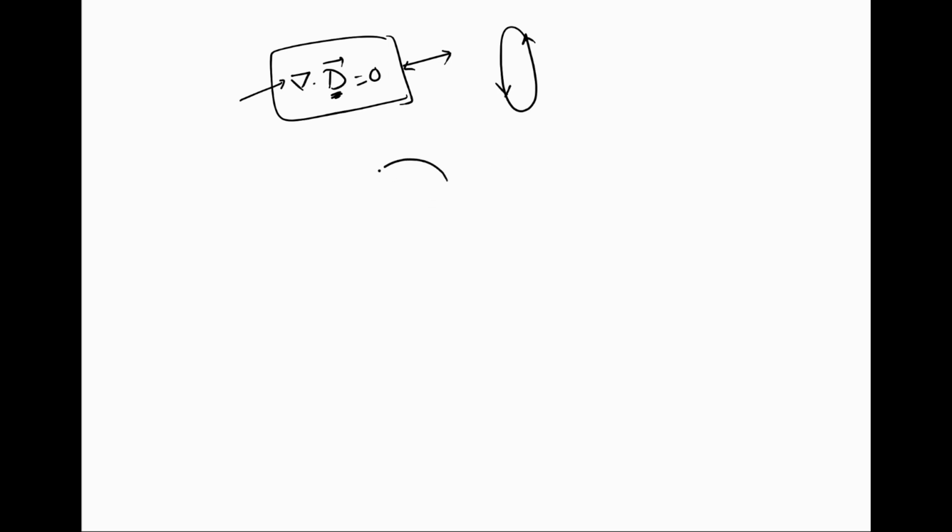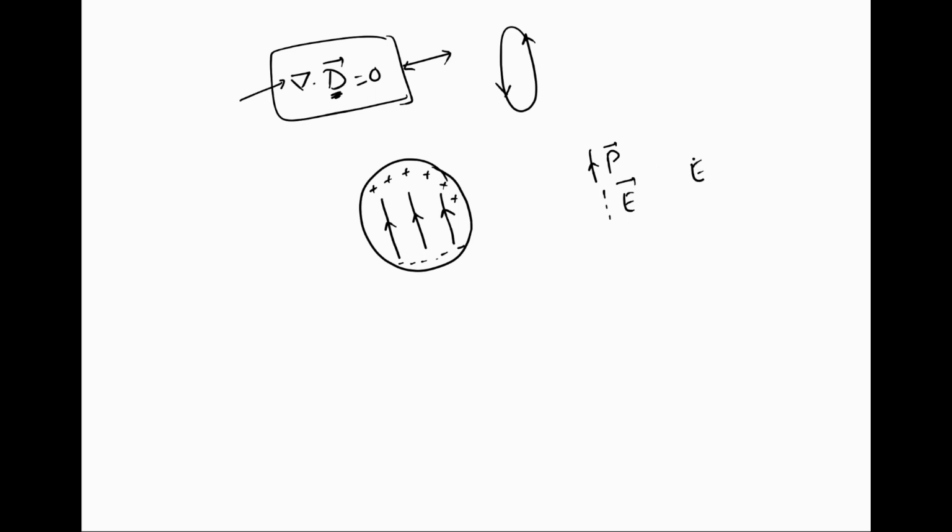So this is a uniformly polarized dielectric sphere. You see that the polarization vector will be in this direction. Solid lines are for the polarization vector, and for dotted lines I will show the resultant electric field.